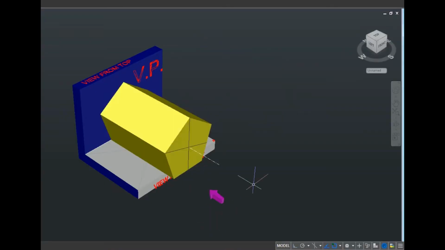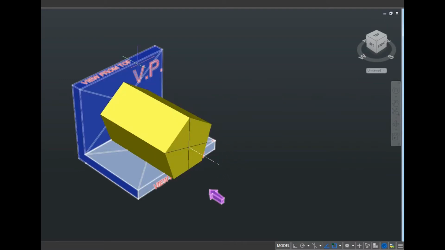Here I have placed the pentagonal prism with its face on the HP, but the axis here is perpendicular to VP. Observe that the axis is perpendicular to VP. In this question, the angle of inclination is given with respect to VP. It is mentioned that it is inclined at 45 degree to VP.